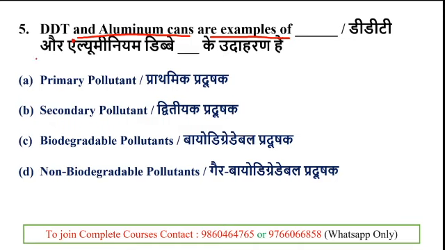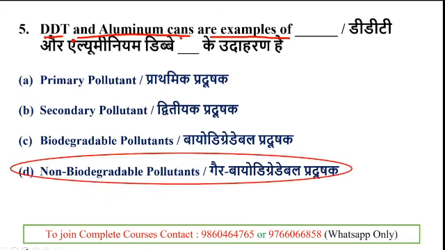So here the DDT and aluminium cans are examples of non-biodegradable pollutants. There are mainly four categories of pollutants: primary, secondary, biodegradable, and non-biodegradable. Primary pollutants happen due to direct emission into the environment.